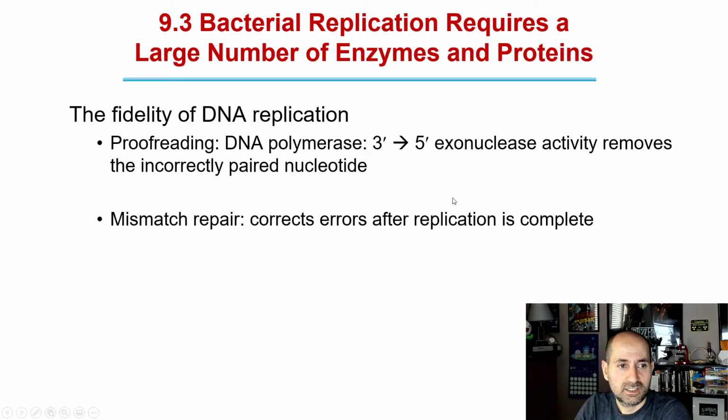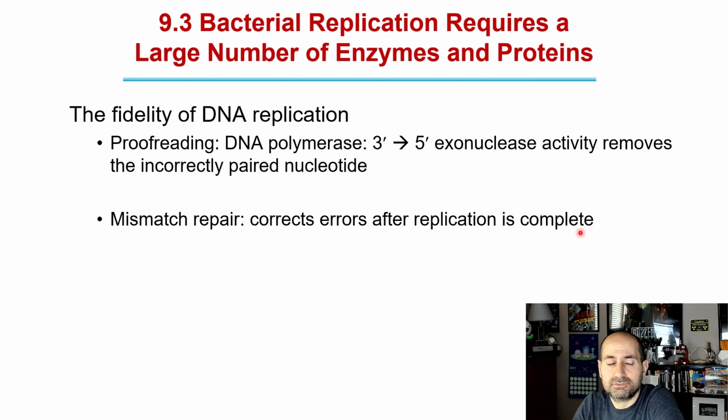So isn't that interesting? Because DNA polymerase has this proofreading ability, this 3' to 5' exonuclease activity, it's able to repair mistakes that it makes, and that is called mismatch repair. It corrects errors after replication is complete, and that is one of the reasons why there's high fidelity when you're copying the DNA.